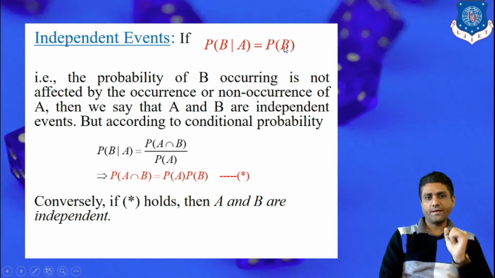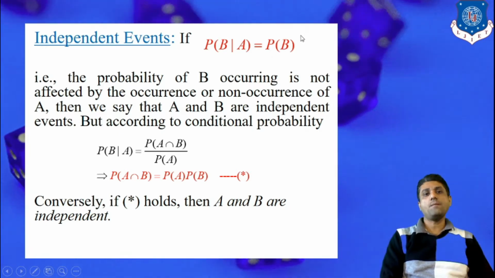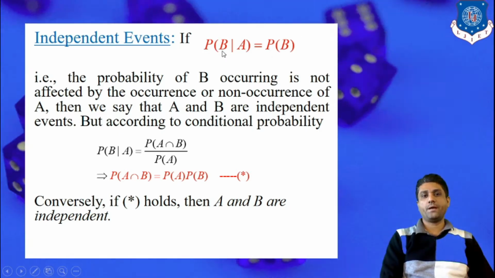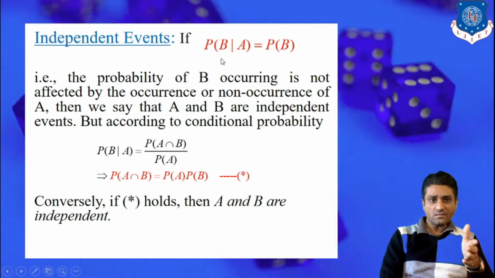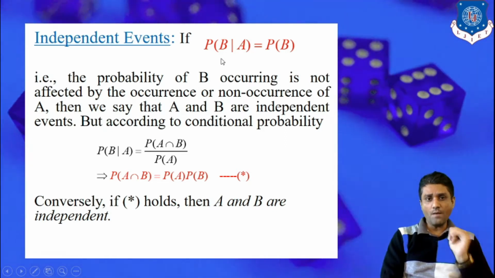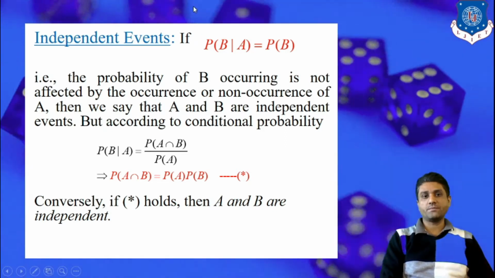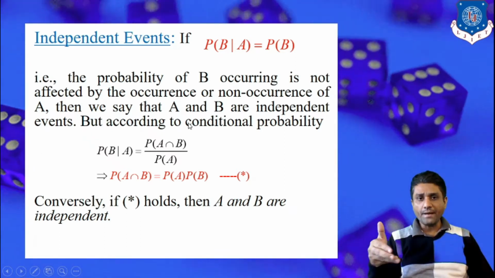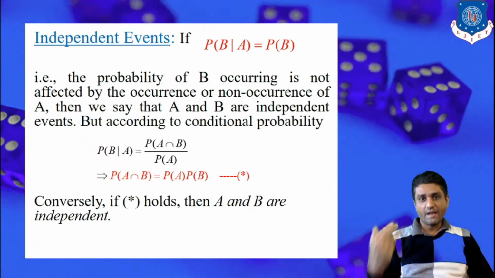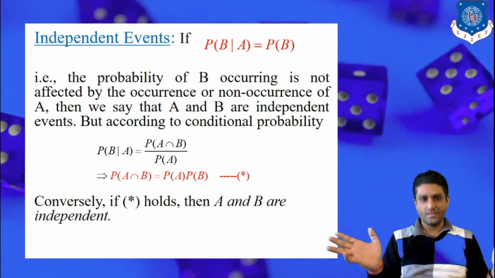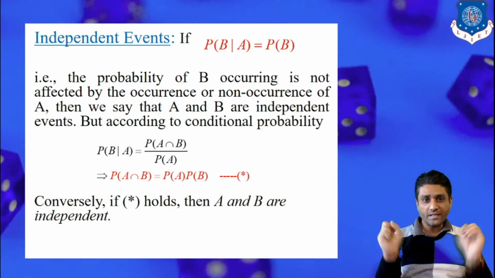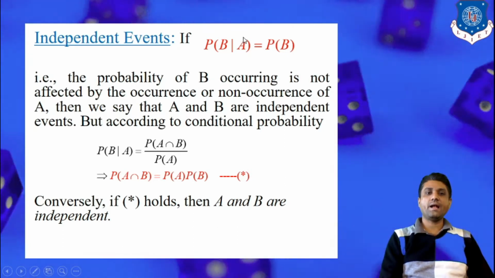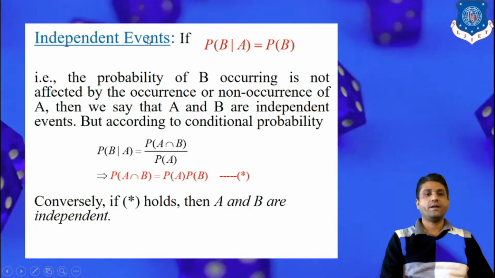But we get the same probability of happening of event B. It means that the probability of occurrence of event B does not depend on whether event A is finished or not. So this type of two events A and B is known as independent events.